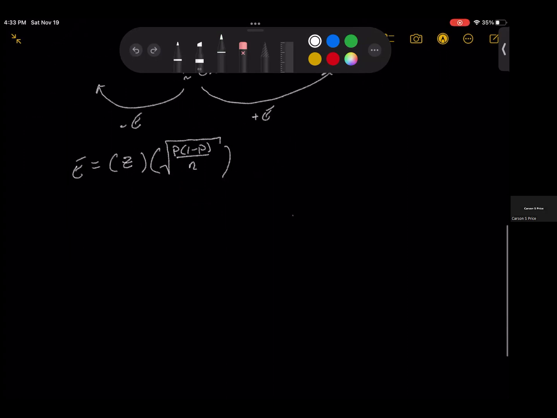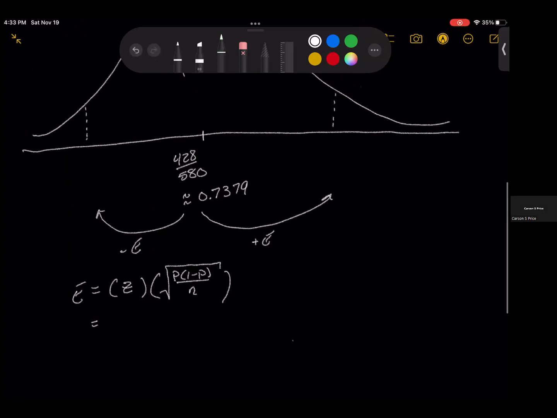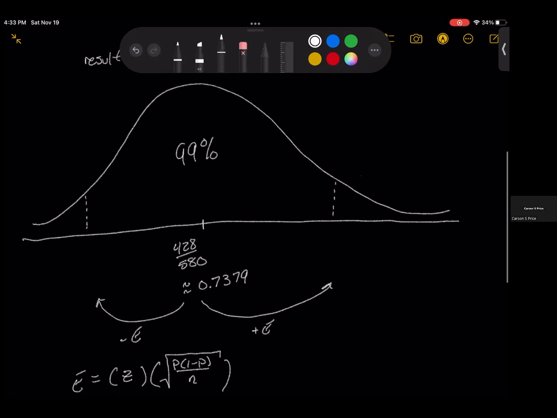All right, so let's calculate this error. I go up to my picture to find the z-score. So if I have 99% in the middle, and I know that the area underneath the whole thing should be 100%, then that means I have 1% to spend in these two tails, meaning that I have 0.5% there, and I have 0.5% in the right tail.